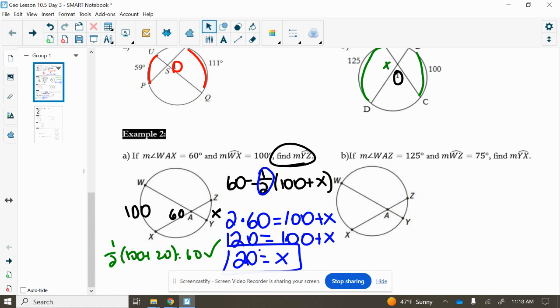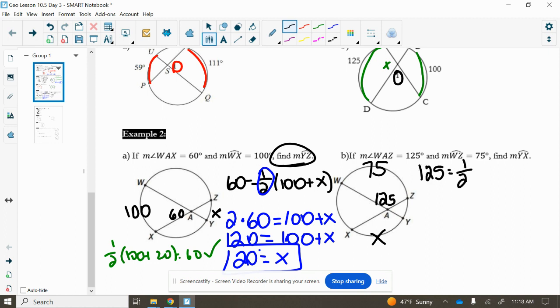The second example this time tells us that angle WAZ, this one right here, is 125. Arc WZ is 75, and we want the measure of YX. So again, when we're given that angle on the inside, we know it equals 1/2 of arc plus arc. So again, our best way to solve this is to double both sides.